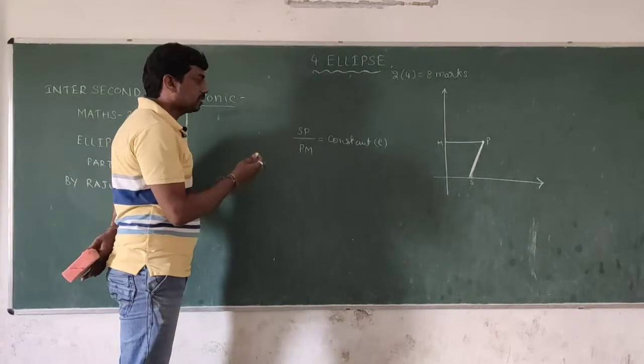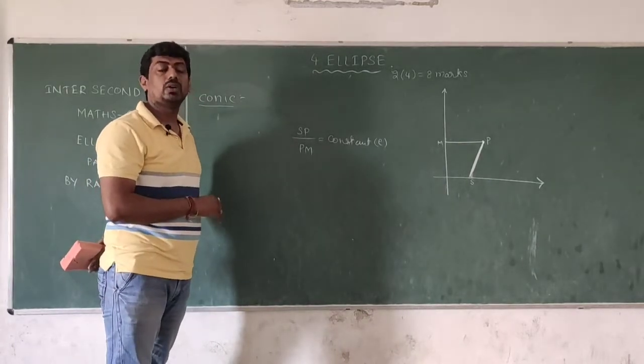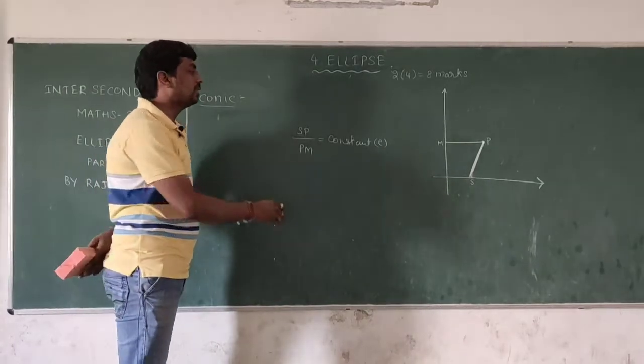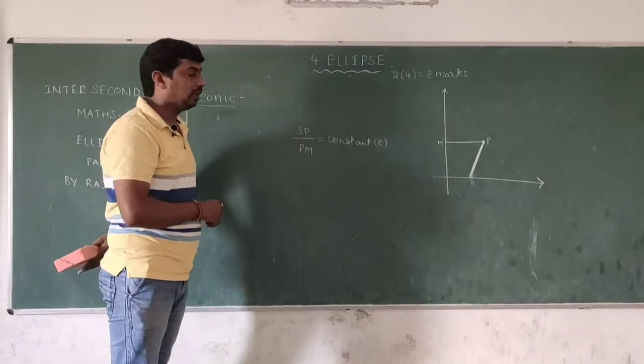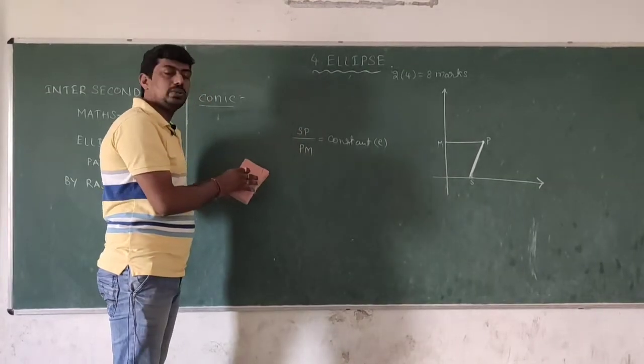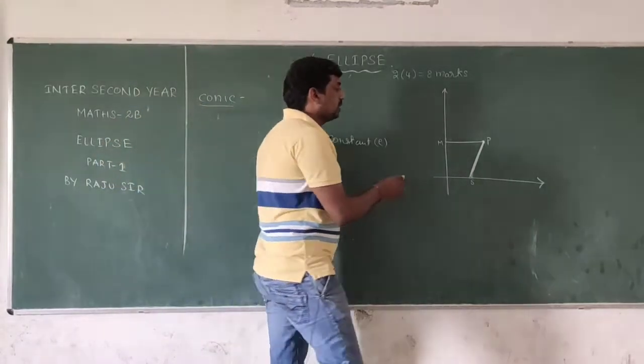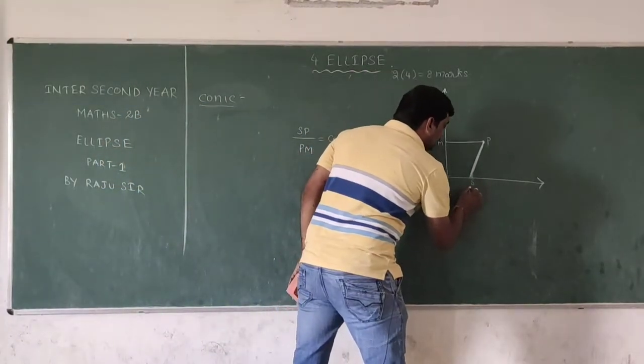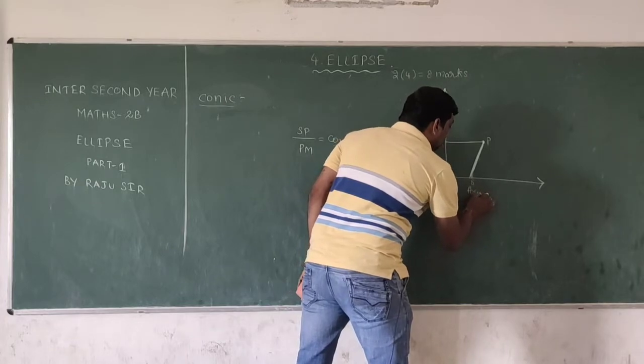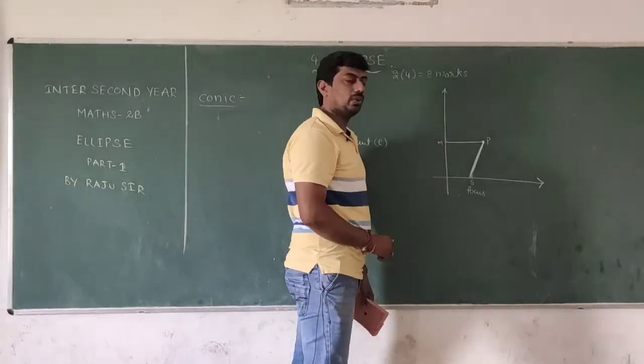Okay. Here various types of conics we have. The various types depend on the value of E. Before going to introduce the various types of conics, first this fixed point S we call the focus of the conic.